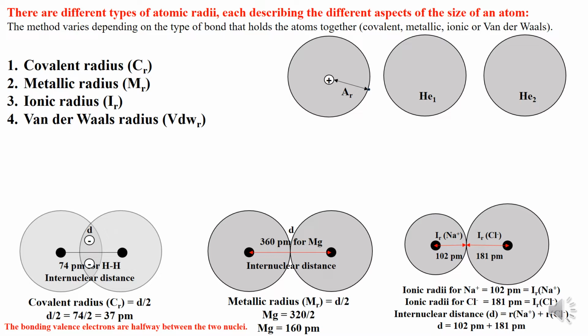And the van der Waals radius is specifically used for non-bonded atoms and non-polar molecules that are held together by van der Waals forces. For example, in the case of the monoatomic noble gas helium, the atomic number is 2.